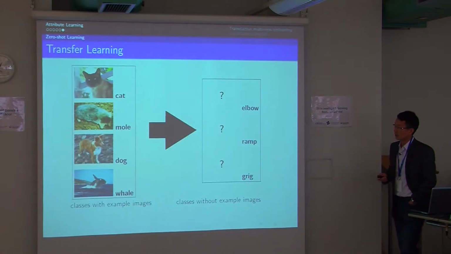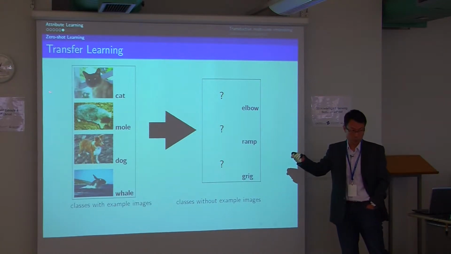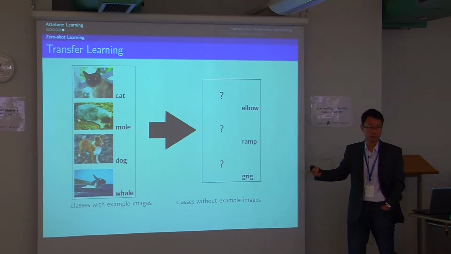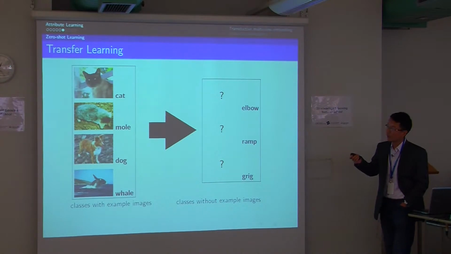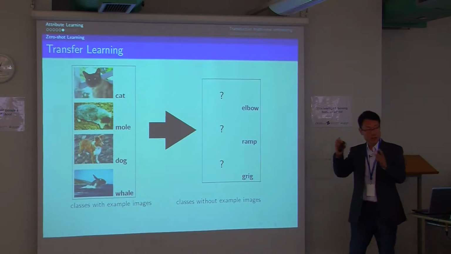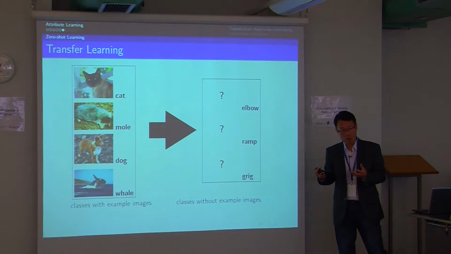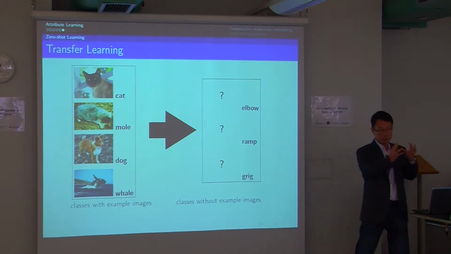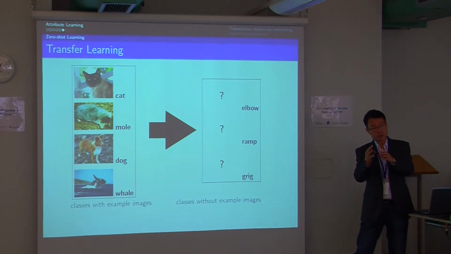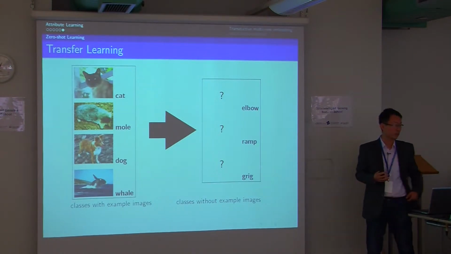The idea is that we want to learn something from these known categories where we have plenty of training examples. And we want to extract some knowledge about animals, basically. And this knowledge is shared across different categories, no matter what kind of animal they are. We know that some animals live in the sea, some animals live on grassland, some animals have 4 legs, some animals do not have any legs.